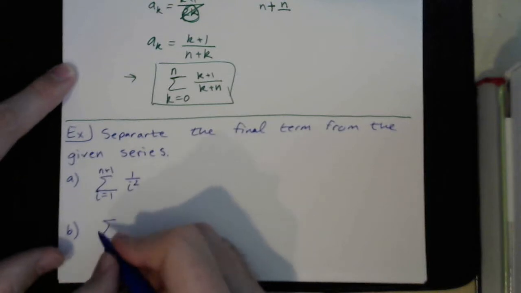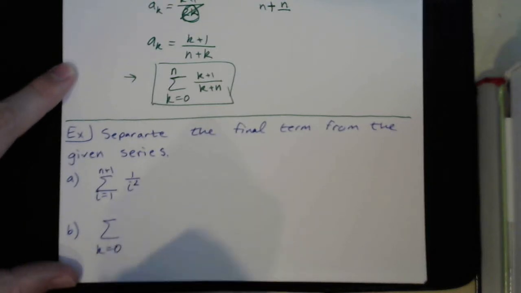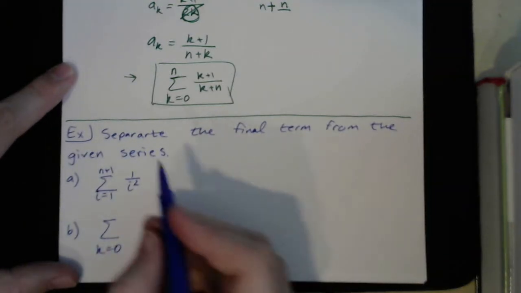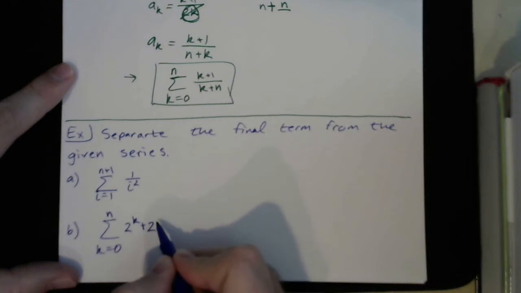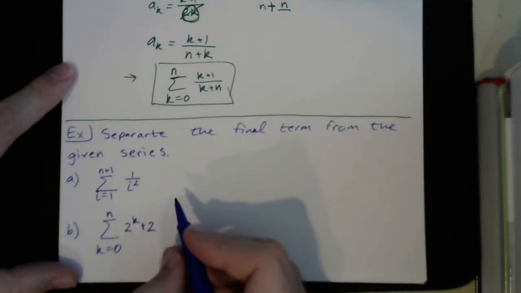and the sum from k equals 0 to n of 2 to the k plus 2 to the n plus 1.